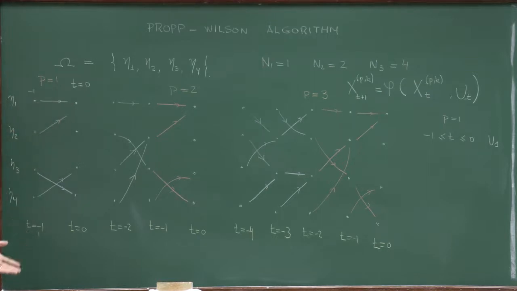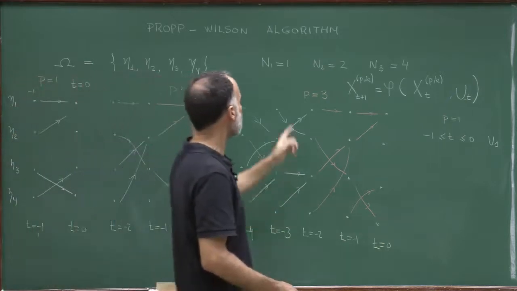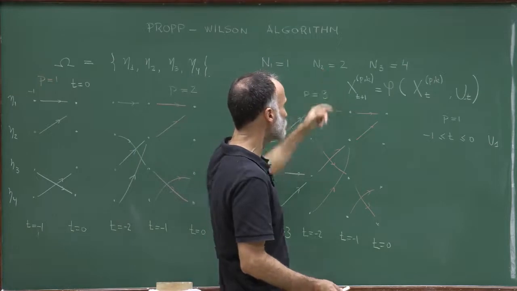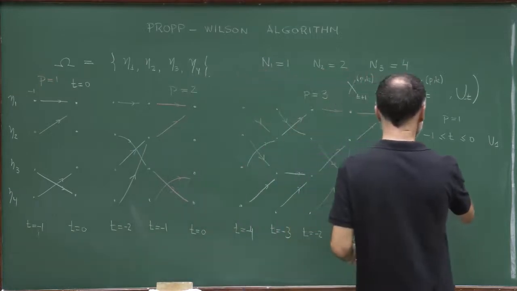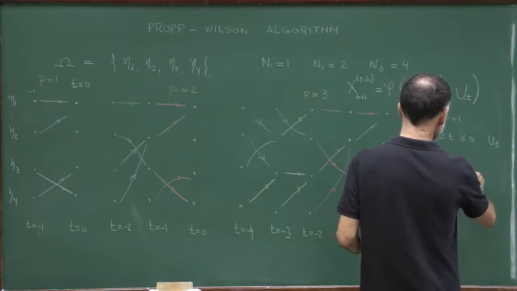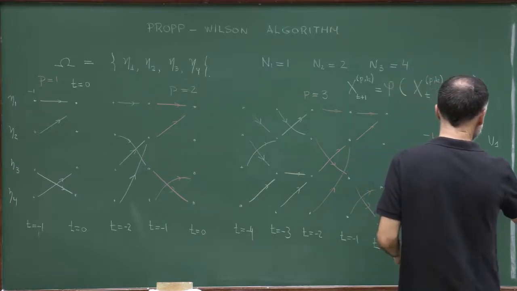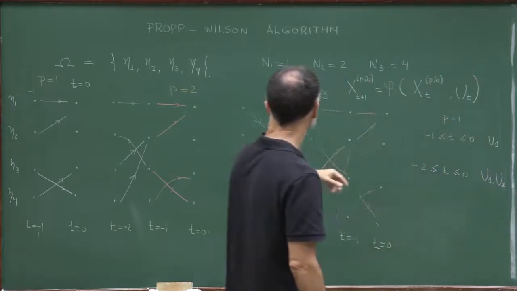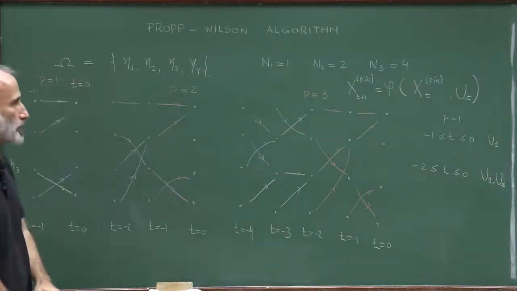So my algorithm tells me that, well, I have now to change p from p equal to 1 to p equal to 2. So now my chain will run from minus 2 up to time 0, which means that I will now use the random variables u1 and u2 to define these new chains.